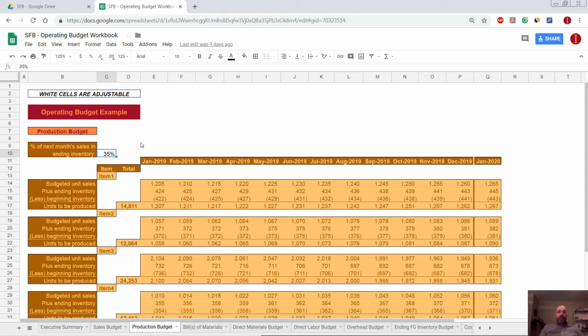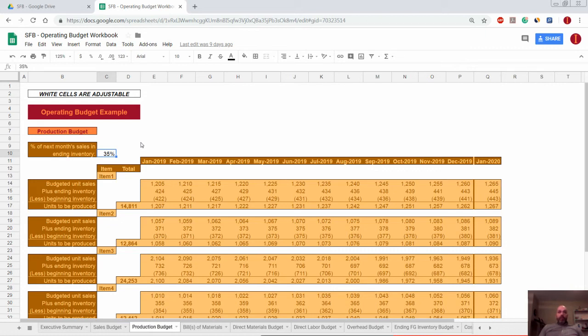This is our buffer, our safety stock, so to speak. We understand that our unit sales projections are going to be wrong. It's a forecast, it's going to be wrong. We hope it's wrong minimally, not really pessimistic or really optimistic.